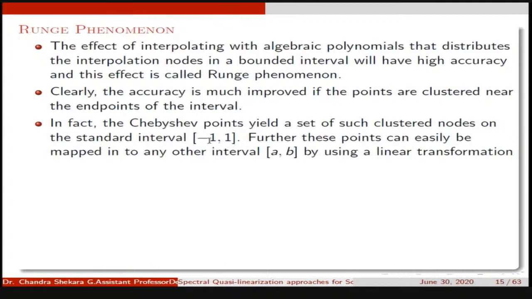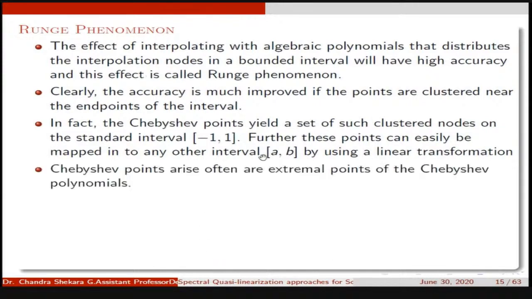As I showed in that figure, the number of points placed near the walls is more. Therefore, we can capture the actual physics near the walls. Further, these clustered nodes can be easily mapped to the actual interval [a, b] by using just a linear transformation. I'll show how to map that in the next slide.